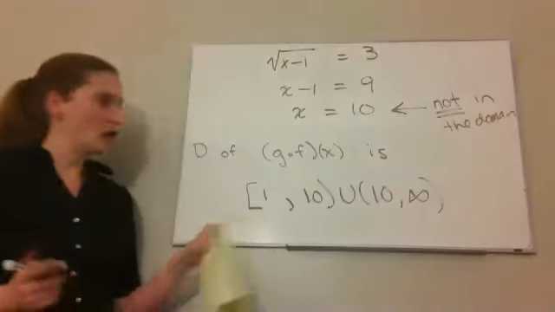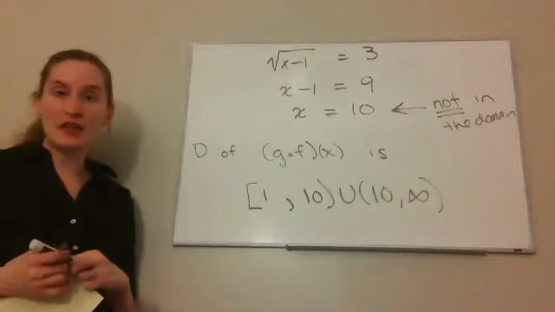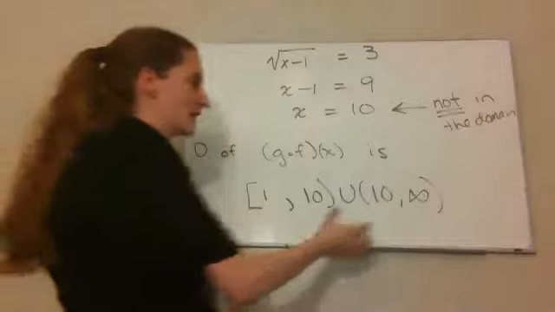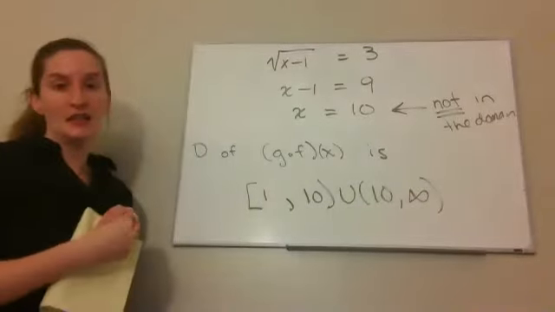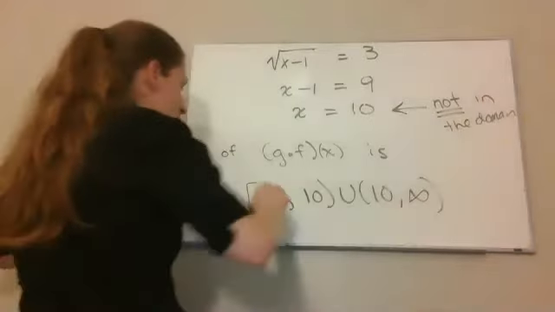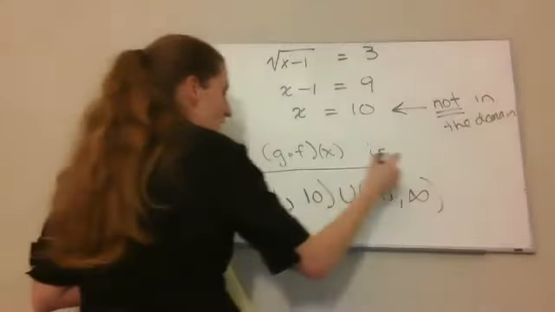That means I get to start at 1 with a bracket, go until I hit 10, but then I use a parenthesis to not include 10. And then I continue on after 10 until I reach all of the possible numbers. So this is the domain of that function composition.